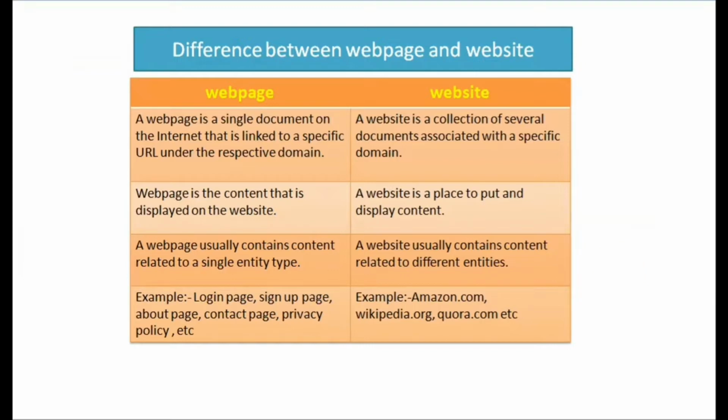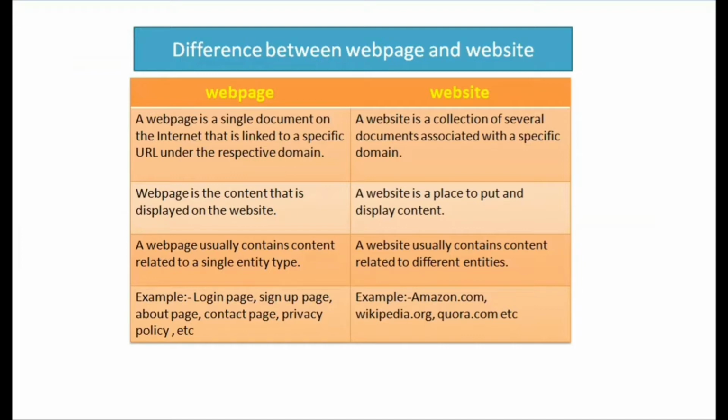So in web page you will find only one type of information. For example, login page will contain information related to login only, whereas the website will contain the information related to login page. It will contain information related to about page and so on.